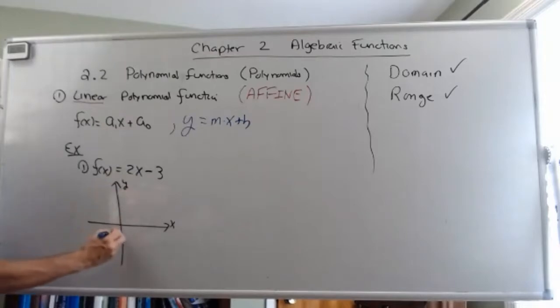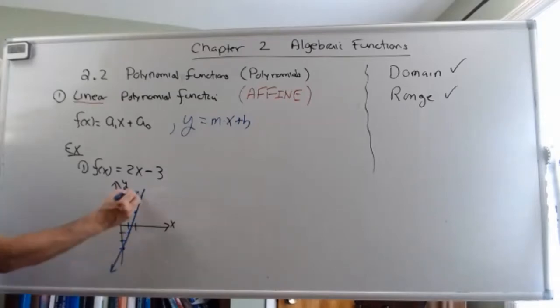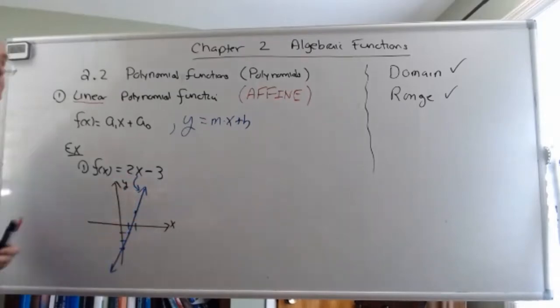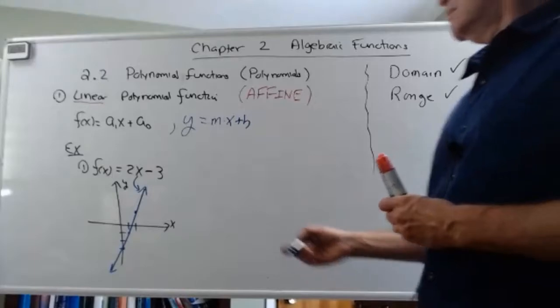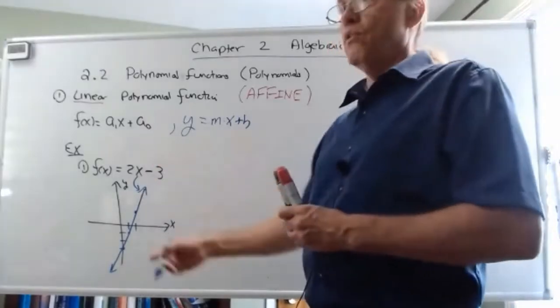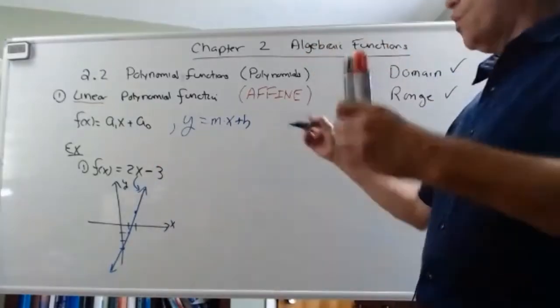So down here is my y-intercept, negative 3. Go up 2 over 1. Here it is. Up 2 over 1. So this is a graph line. What are the two features we want? We want its domain and range. What's the domain? All real numbers. What's the range? All real numbers.